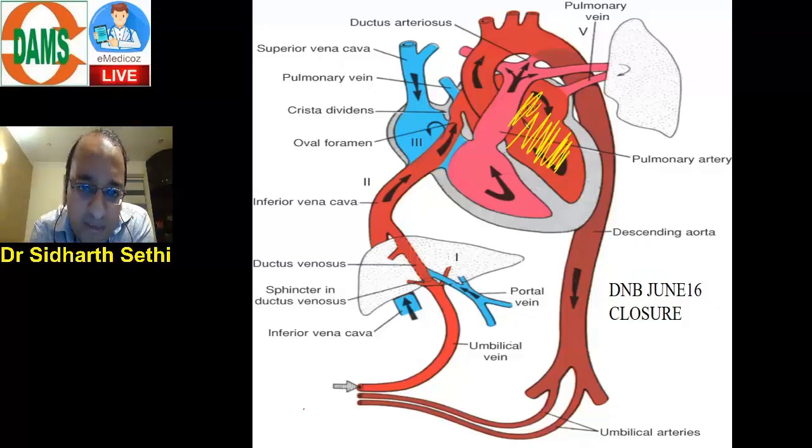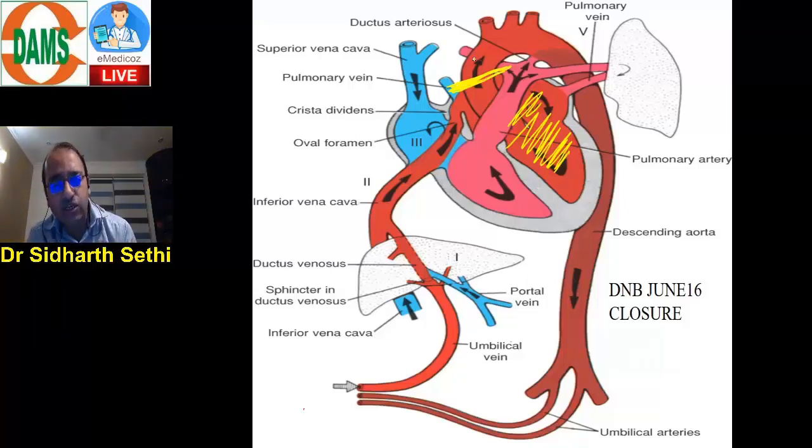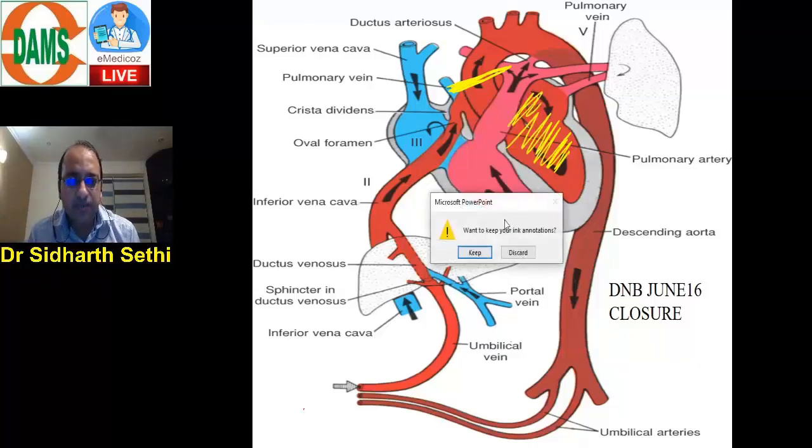Or suppose a child has critical aortic stenosis. Okay, hypoplastic left heart, critical aortic stenosis, and a pre-ductal coarctation, coarctation before the ductus. So all of you, I'll give you 4 examples. So just remember these 4 examples.